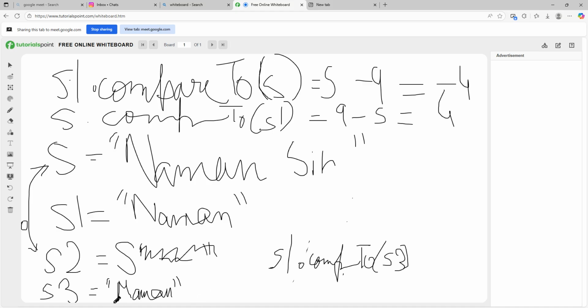Actually, capital M comes first, and N comes later. So M is 81 and N is 82.